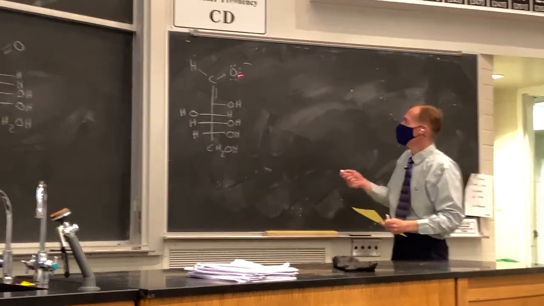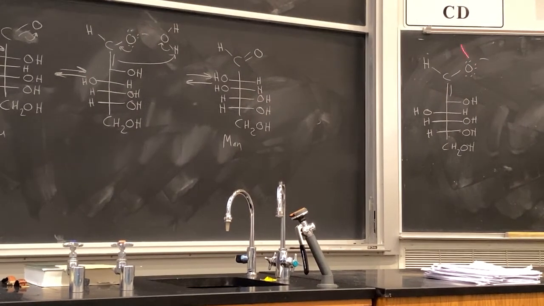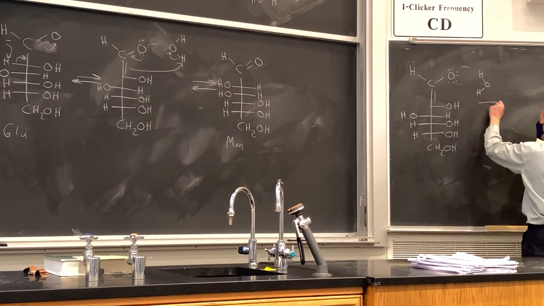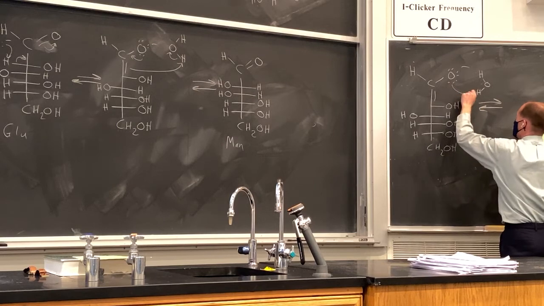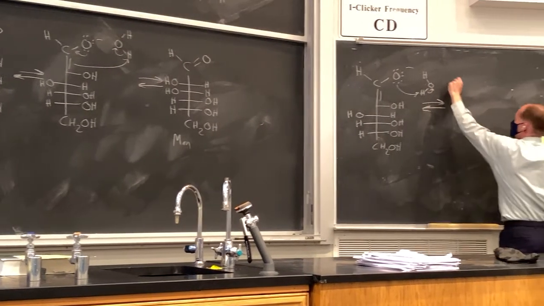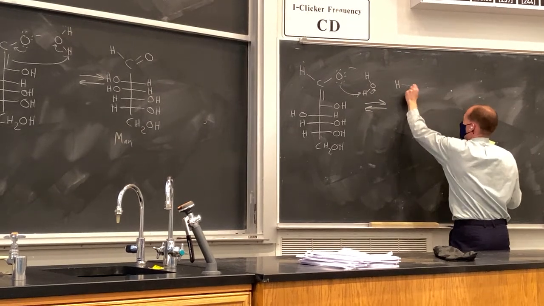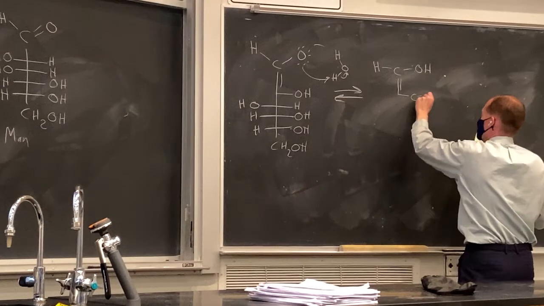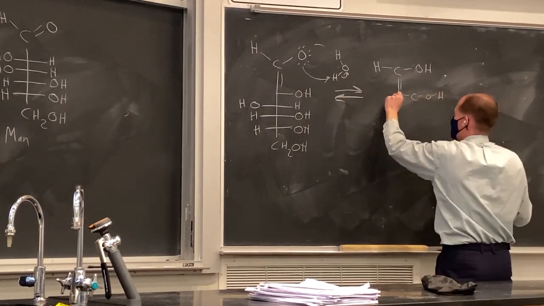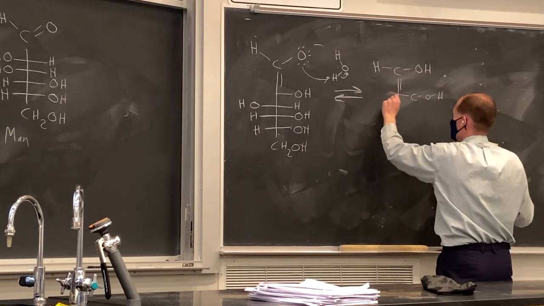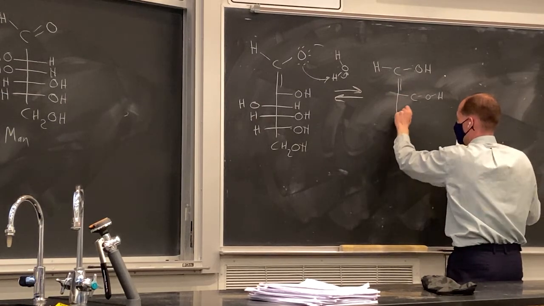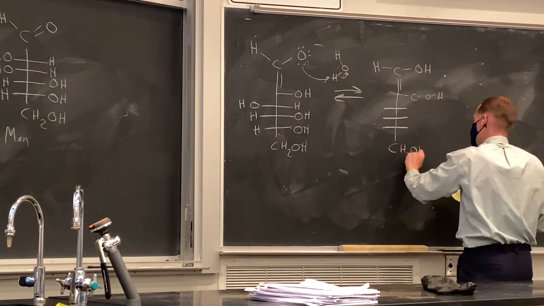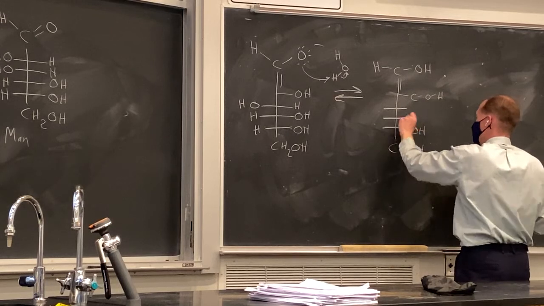Same thing right here. We can protonate it, but not on carbon. We can protonate on the oxygen, and that's going to give us an enol. Okay? If we protonate an enolate on oxygen, we generate an enol. Only this enol is special because it's an enediol. It's an enol that has two OH groups attached to the alkene as opposed to just one.